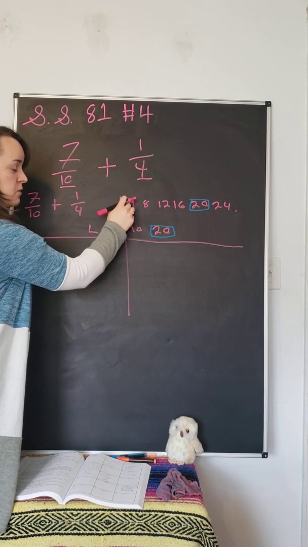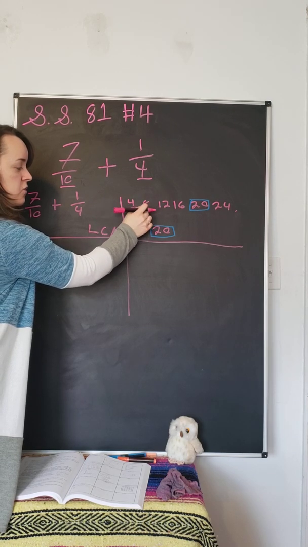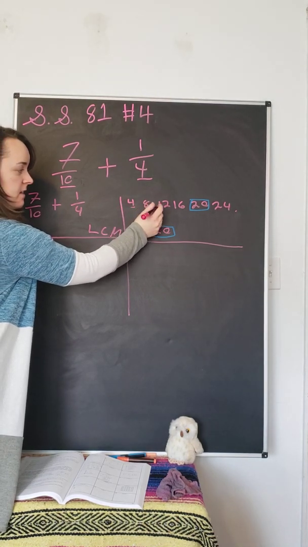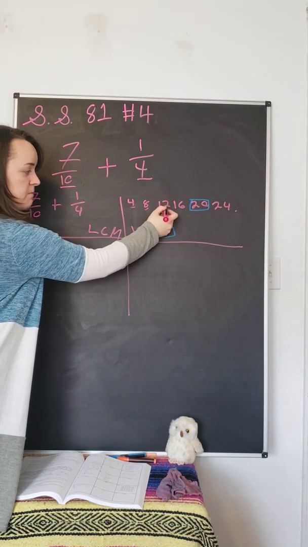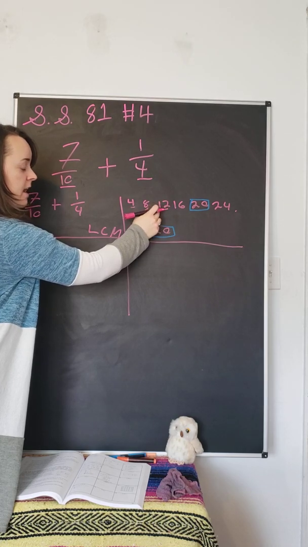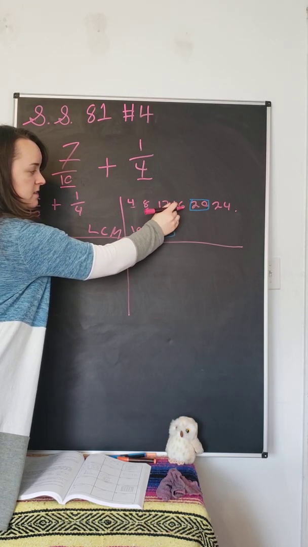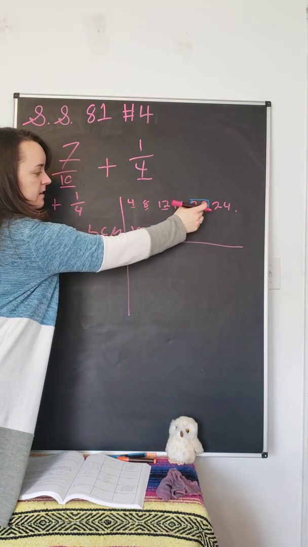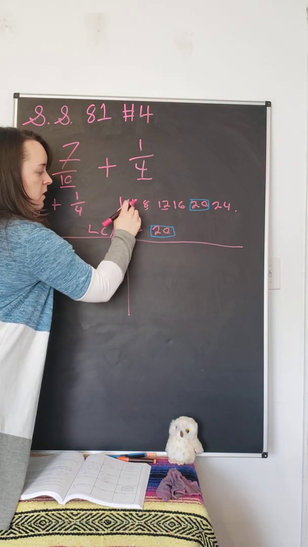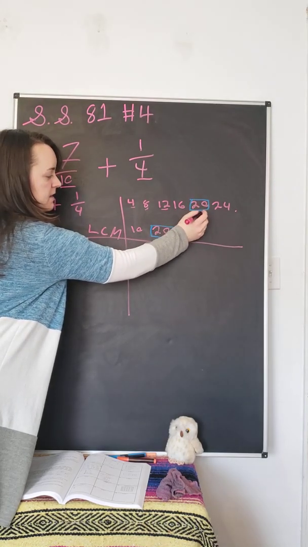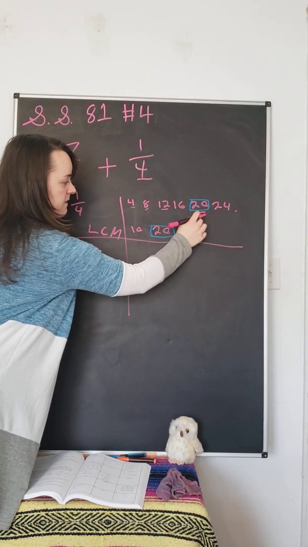So 1 times 4 is 4. 2 times 4 is 8. So we got 8 right there. And this is our third number right here, and that's 3 times 4 is 12. 4 times 4 is 16. And then 5 times 4 is 20. So 1, 2, 3, 4, 5. That's my 5th place right here, and I'm going to write a 5 right there.